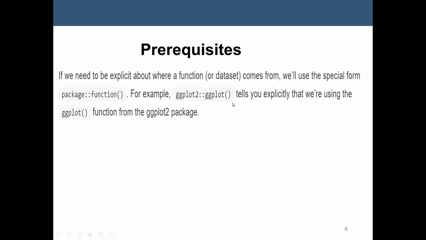So this tells you explicitly that we are using the ggplot function from the ggplot2 package. So again, the syntax is the package name first, then double colon, then the function name. The package name is ggplot2, and the function to plot our graph is ggplot.